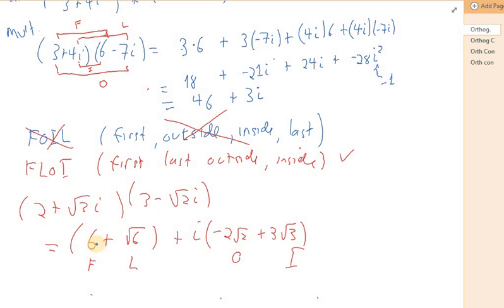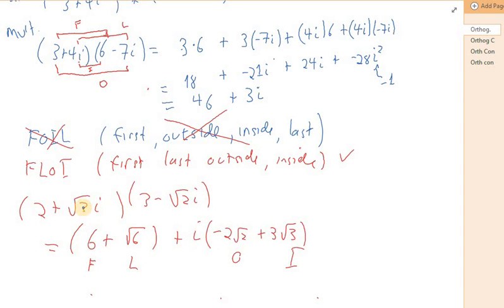First is 2 times 3, which is 6. Last is square root of 3 i times minus square root of 2 i. Now, square root of 3 times square root of 2 gives me square root of 6. The minus i squared gives me a -1, which is 1. So I get my real terms, my terms without i, together. The other two terms are going to have an i, so I just separate the i out.